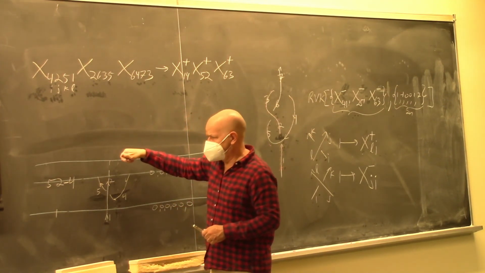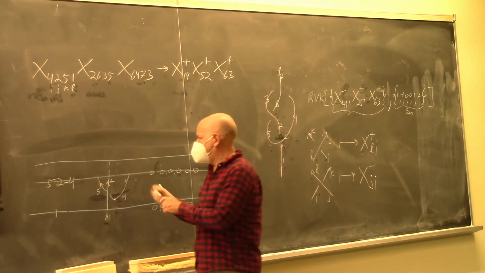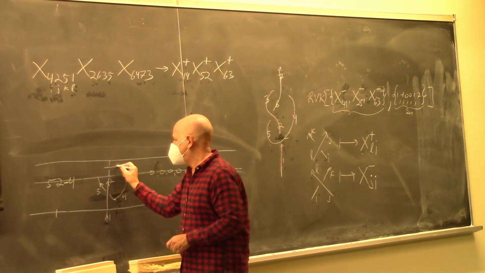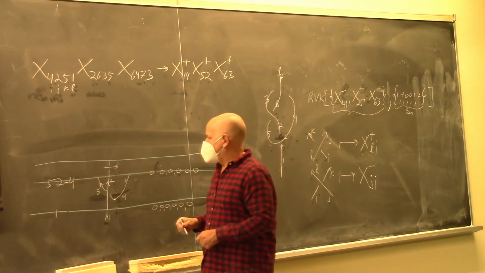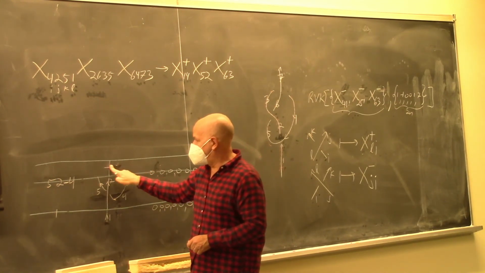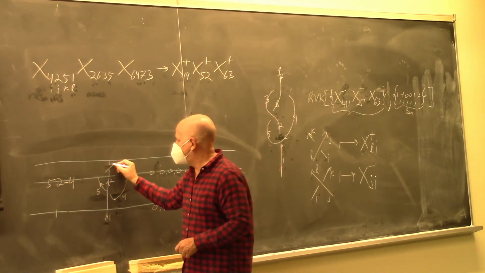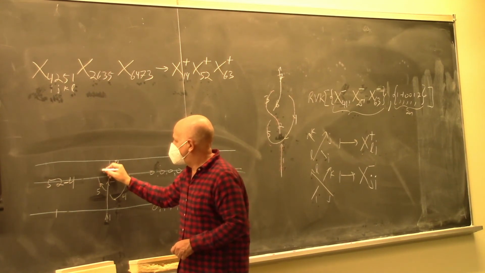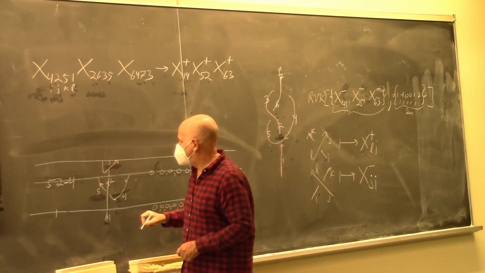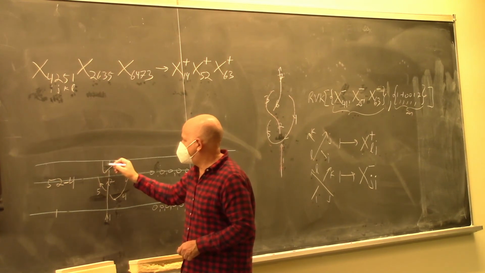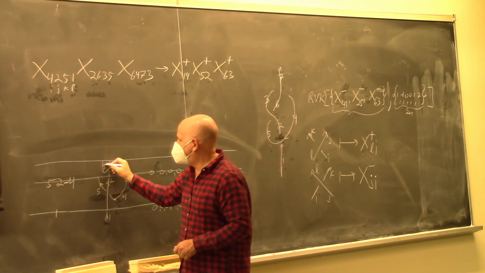Now 5 goes above it, and it's in the positive direction. It means it comes from left to right. But again, this is drawn incorrectly. I should be drawing it this way. And this is, again, 5.